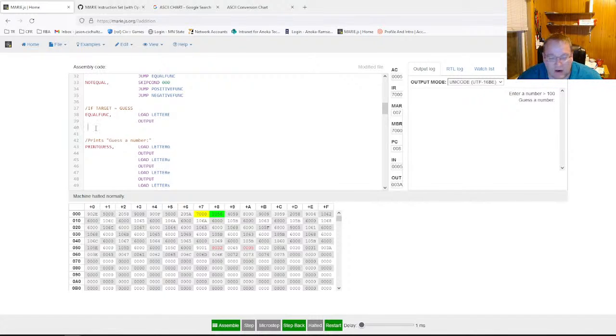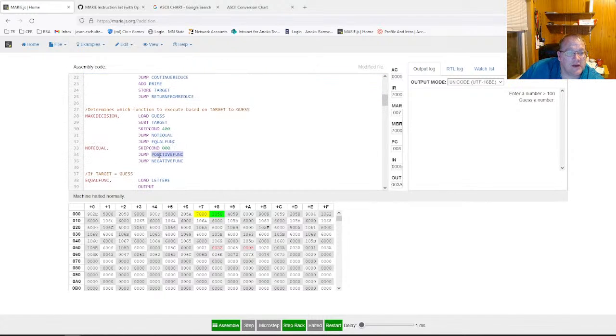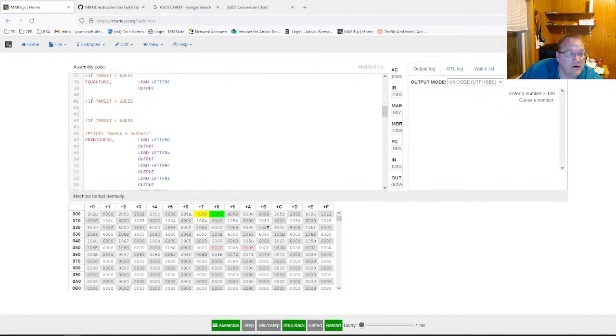All right, so let's get our other if target is strictly greater than guess, and if target strictly less than guess. So we need to put in our names here. So we have a positive func. And that will go here. Put a comma there.